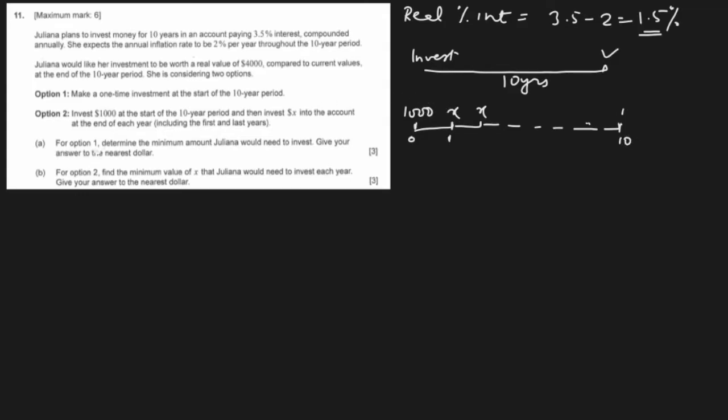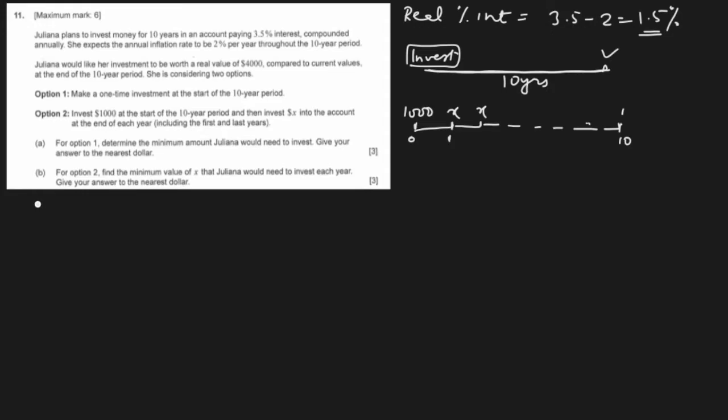Option 1. For option 1, determine the minimum amount Juliana would need to invest. Give her answer to the nearest dollar. Since there is no other investment than the first one, we will simply use the compound interest formula.